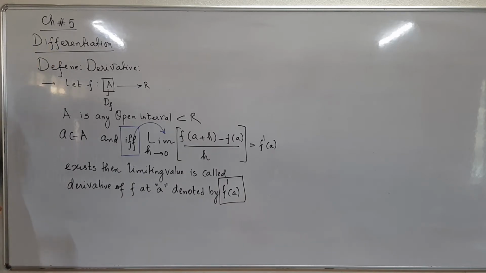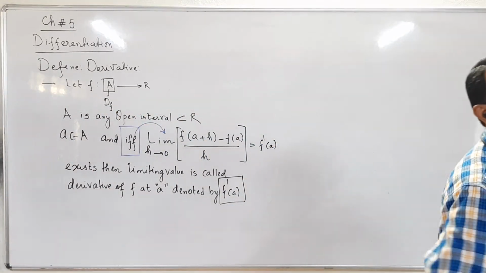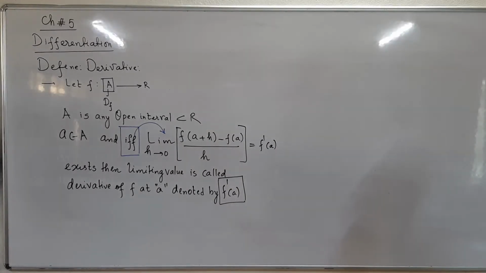Let f be a function defined from A to R, and A is any open interval subset of R. Small a belongs to capital A means small a is an element of the domain, and if this limit exists, the answer of the limit or limiting value is called the derivative of f at the value a, which is denoted as f dash of a.